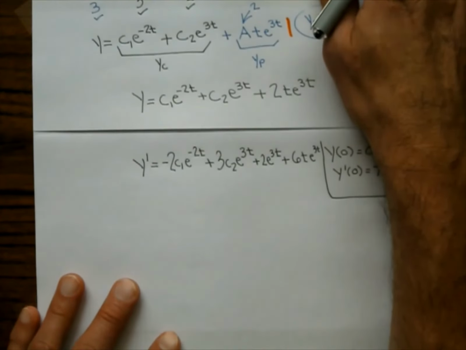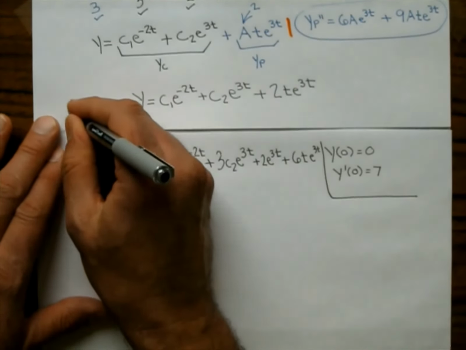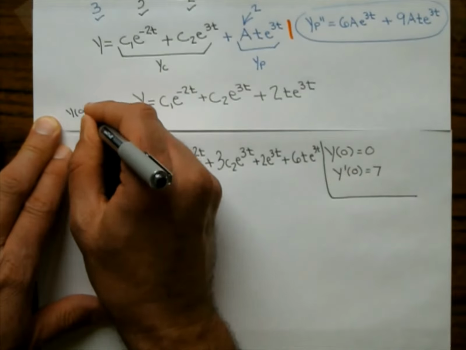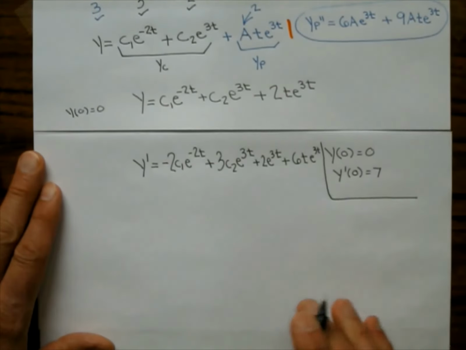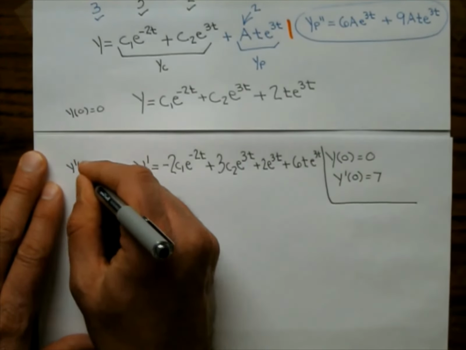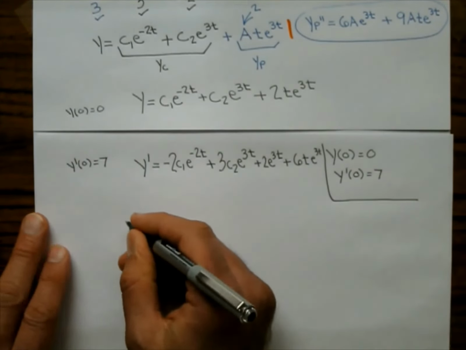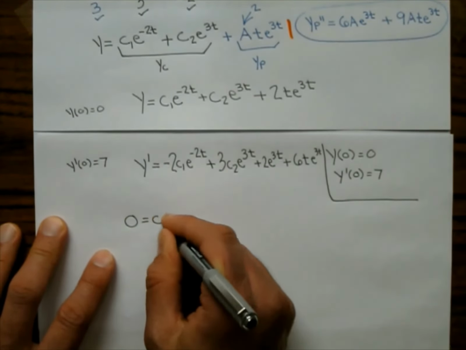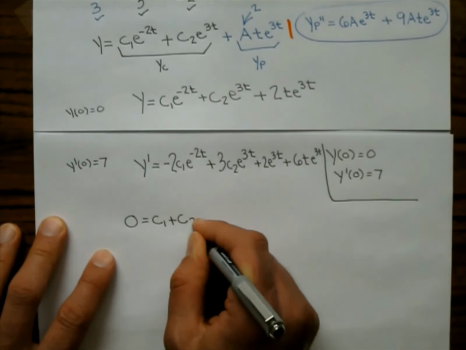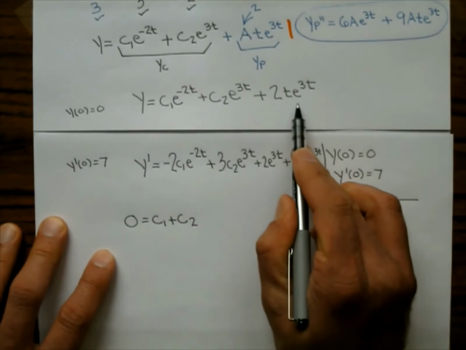Okay, so what am I going to do? I'm going to put y of 0 equals 0 in that one, and then y prime of 0 equals 7 in the second one. So the first one's going to give me 0 equals c1 plus c2, plus 0.